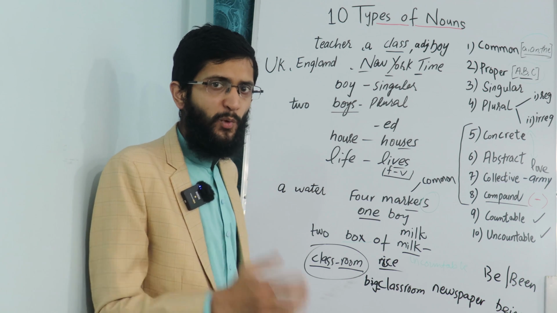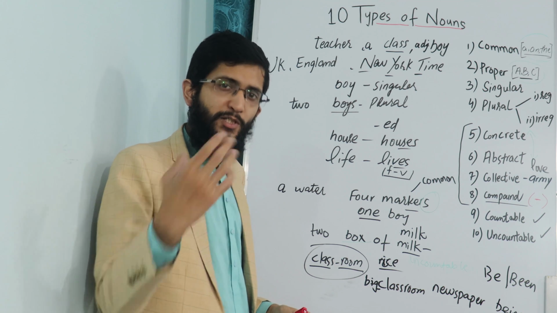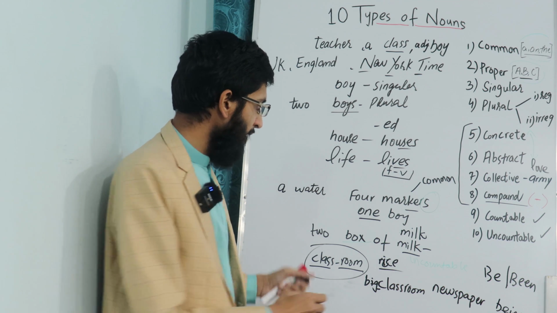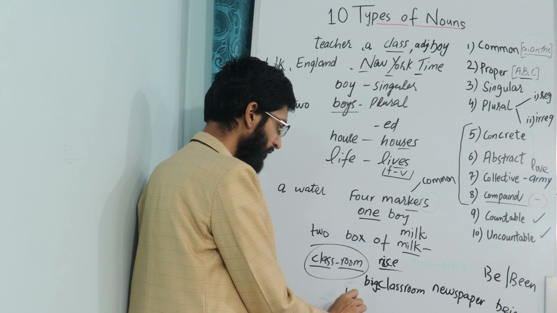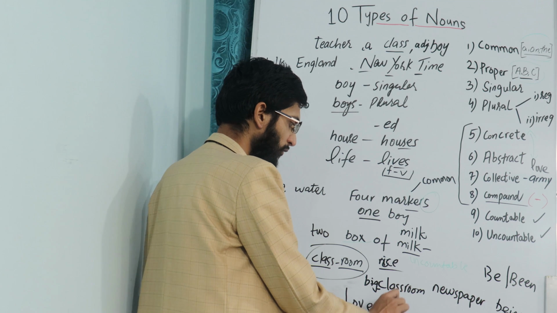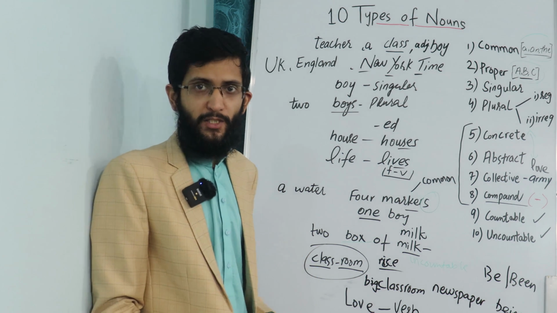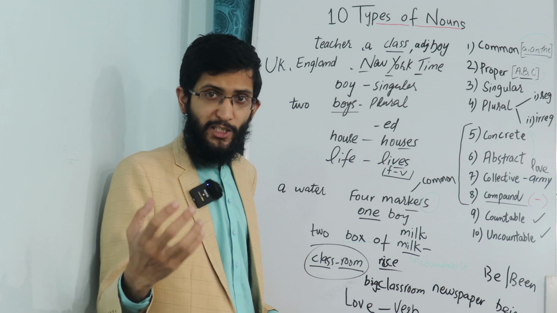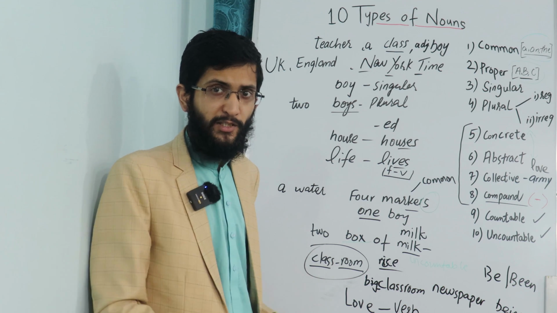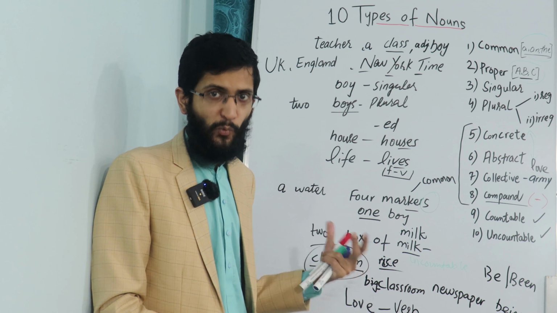Now it is very important to recognize a noun, the function of a noun. For example, the word love is not only a noun but it is also a verb. Like I love him, I love my country, I love these books. So in the coming lectures I would tell you about the functionality of these words.